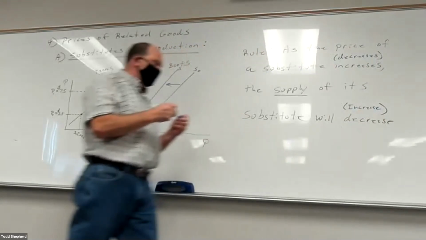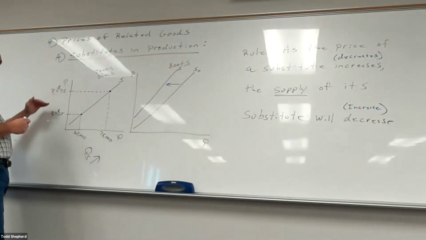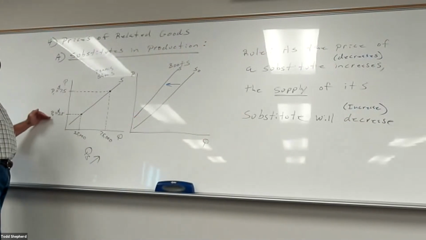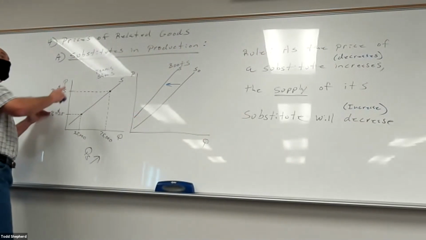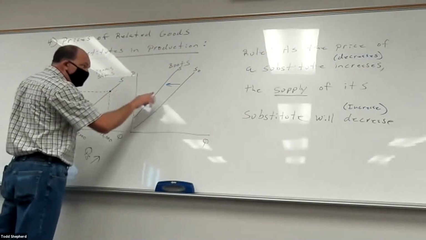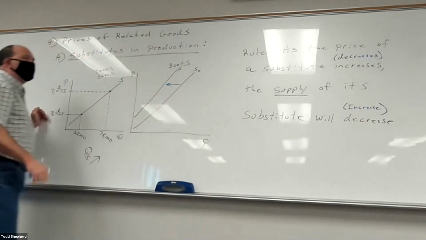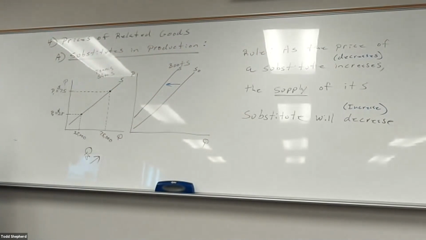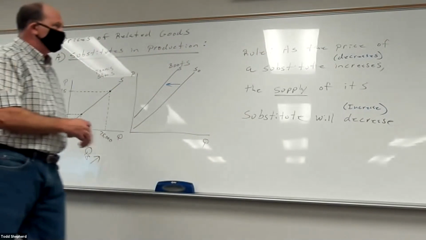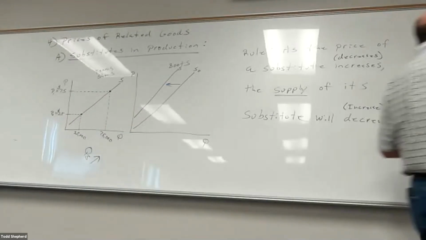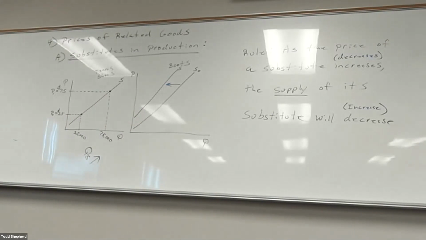And thus that supply curve, as the price of those tennis shoes goes down, now boots are relatively more profitable. The seller will go in and substitute back into the more profitable commodity, and thus the supply curve will shift out into the right.